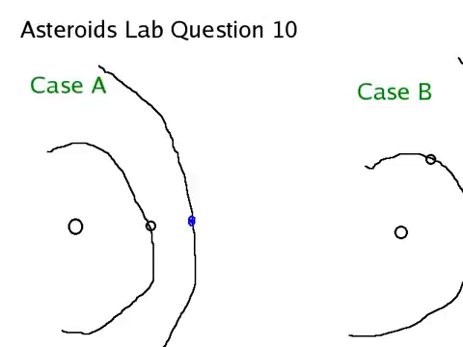Also, the asteroid belt is a fairly circular orbit around the Sun, so the distance between the Sun and the asteroid is also not going to change. So the distances from Earth and asteroid to the Sun are not going to make any difference whether or not the asteroid is brighter or fainter in case A or B. But what will make a difference is how far away the asteroid is from Earth.